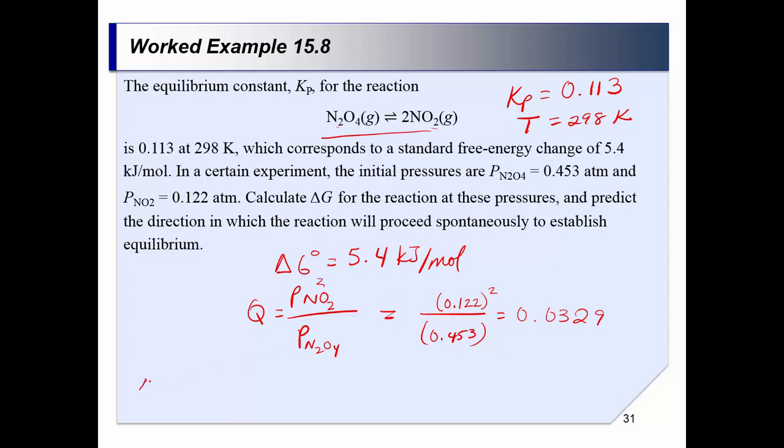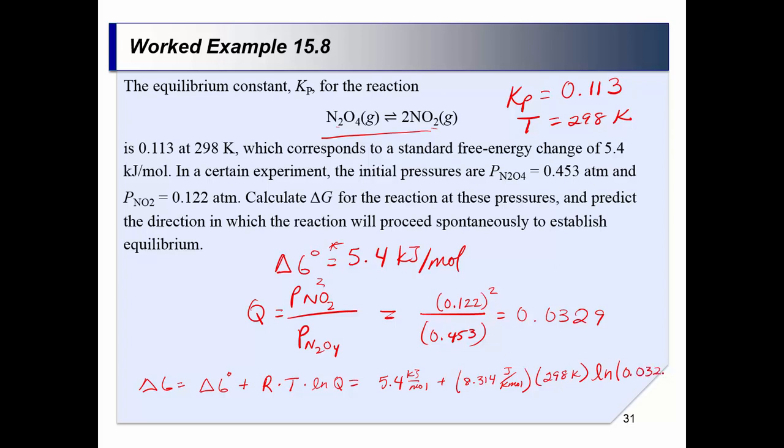Then I can calculate my delta G. Remember, delta G equals delta G naught, given to me right here, plus R times T times the natural log of Q. So now I'm going to plug in all of my values: 5.4, and that's kilojoules per mole, plus my R value, not 0.82, 8.314 joules per K mole, times my temperature in Kelvin, times the natural log of my Q value I just calculated.